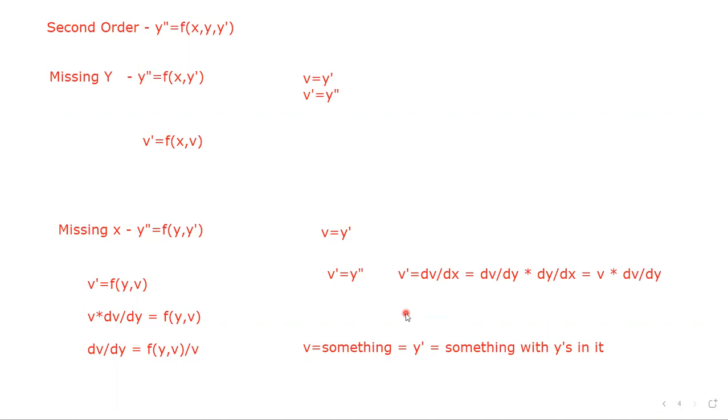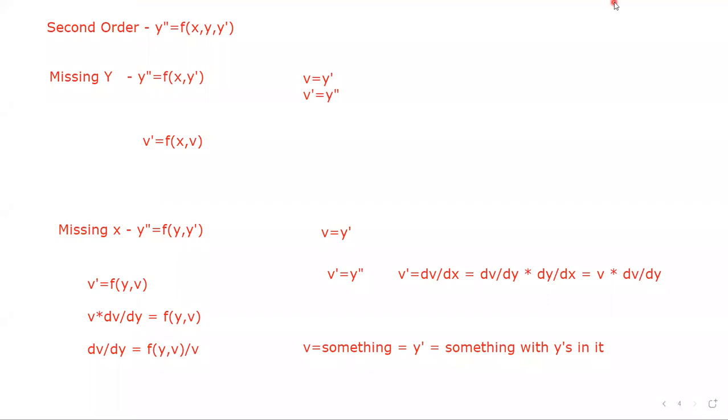So again, two times we have to do this, but we can reduce it from a second order down to a first order and then solve it like we normally would. Well, first we reduce it to a first order, solve it, which is a new first order, and then we solve. So there's our general idea of how to approach some of these equations or some of these different situations that are second order.